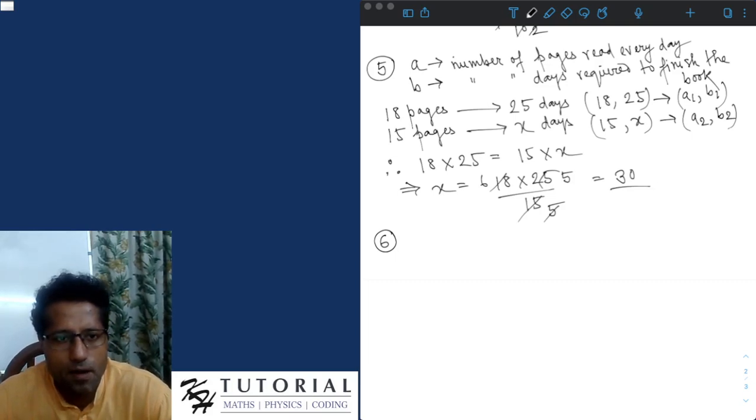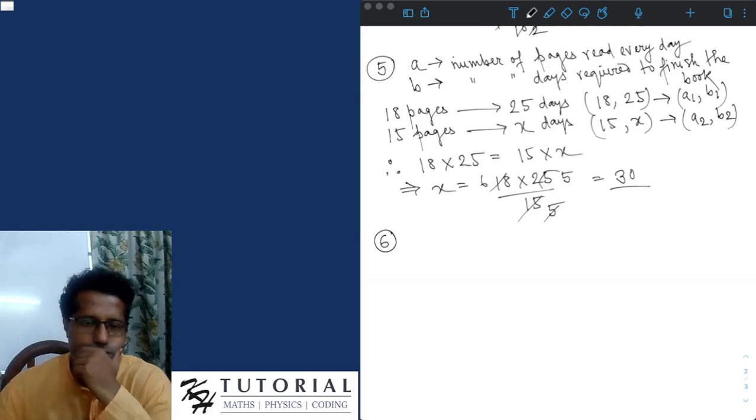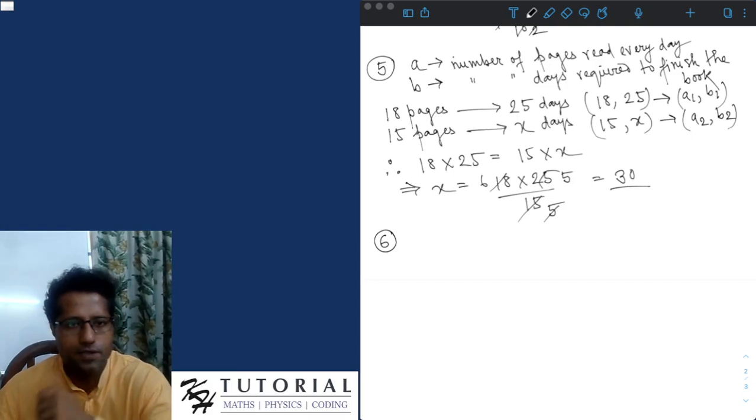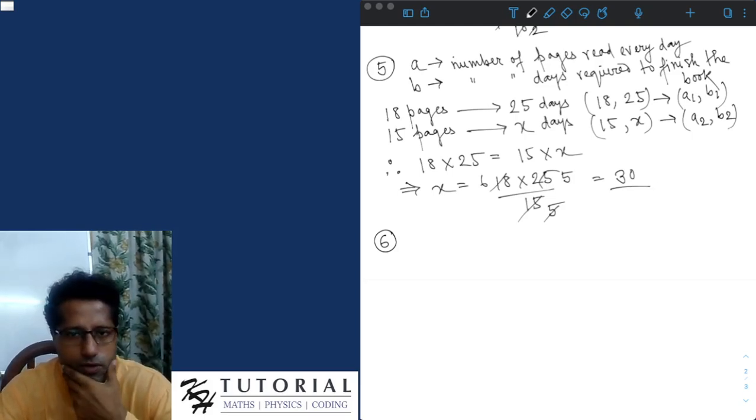In how much time will she be able to type the same document? So Rita types 40 words per minute and takes 24 minutes to type a certain document.